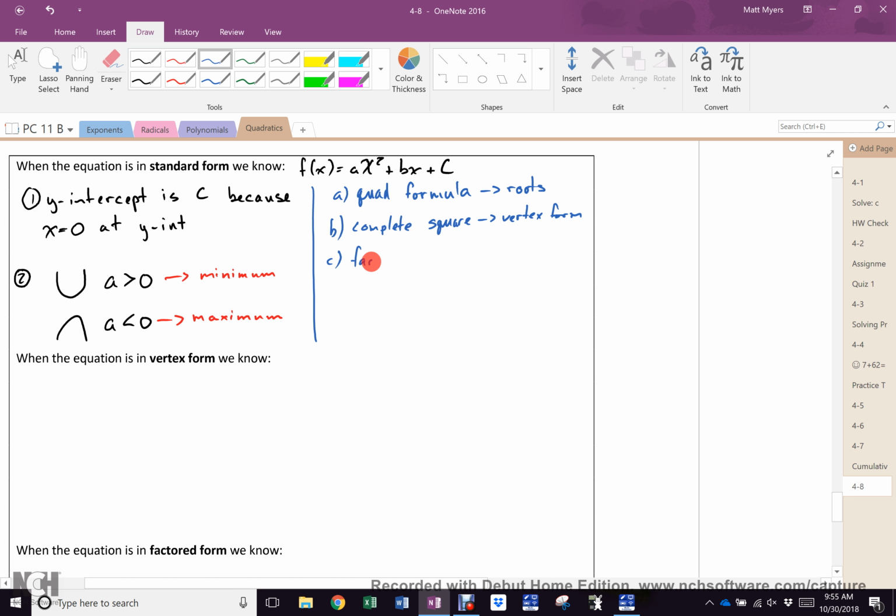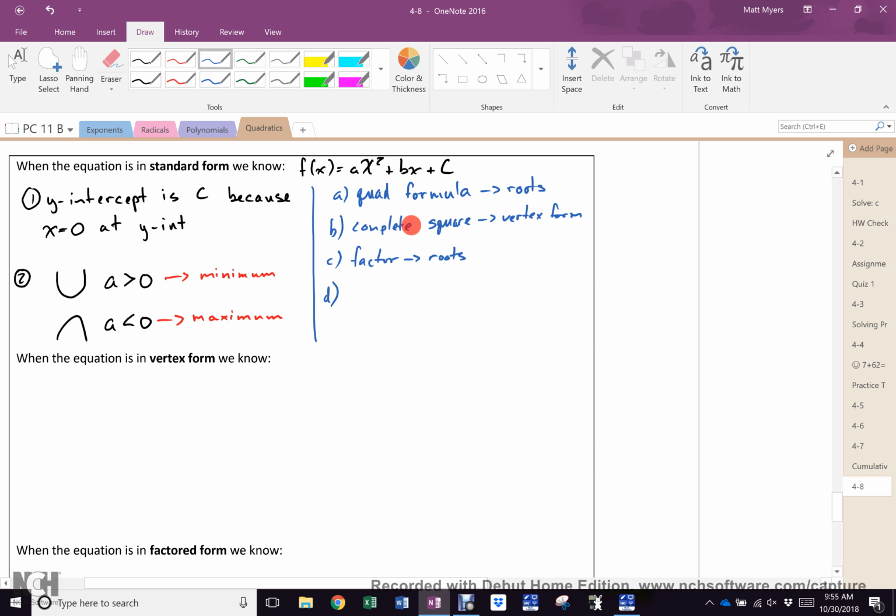Maybe I could factor it, which would also get me the roots. What else could I do to it? There's one other thing I can do, and I showed it to you 3 or 4 pages ago. It's an option to completing the square.